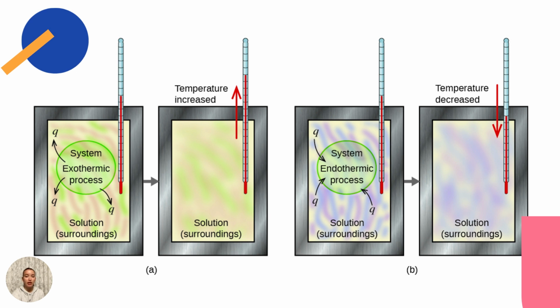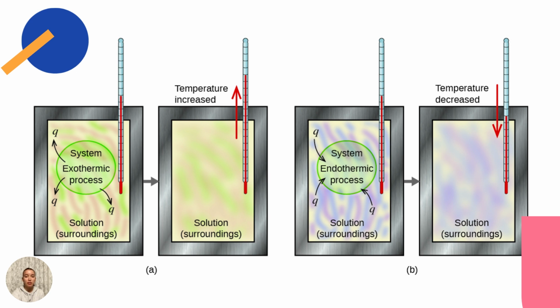So we talked about exothermic and endothermic reactions. In the first one, we have a temperature being increased, shown by the thermometer, saying that we have heat being produced, so the reaction is exothermic, and we use Q to represent all this heat being produced.